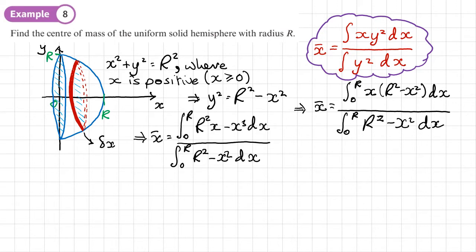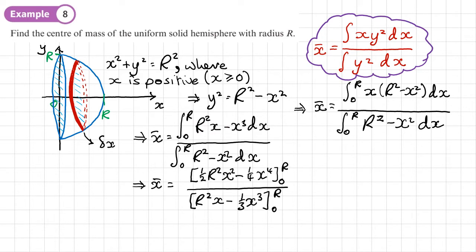The next step is just to expand the brackets at the top. Next comes the integration. Next we'll put in our limits. Now I only really need to worry about putting the r in, because when I put 0 in, all of this is just going to become 0. So this is what we get once we've substituted in r. Now this simplifies quite nicely.